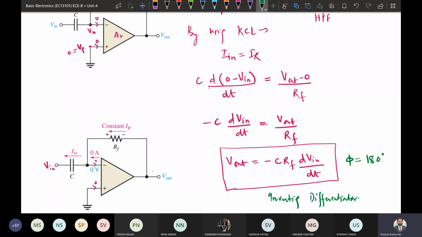If we want to implement a practical integrator or differentiator, we will not get the same analysis. We have to analyze without considering the virtual ground and virtual short concept. But I think in your syllabus, only the ideal case of the integrator circuit is sufficient for your analysis.